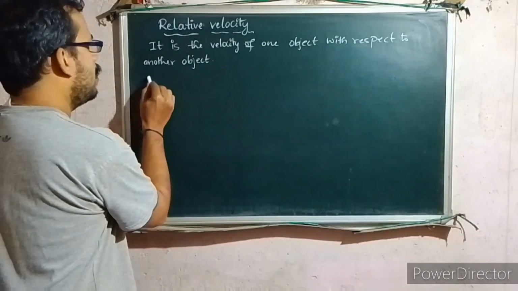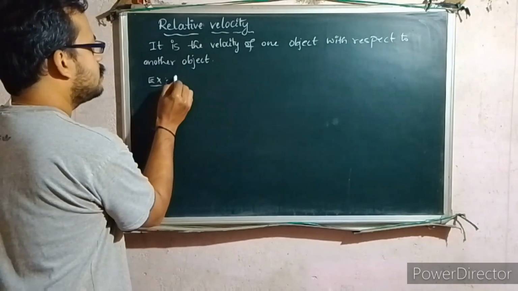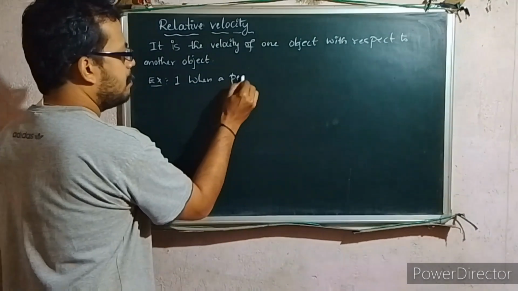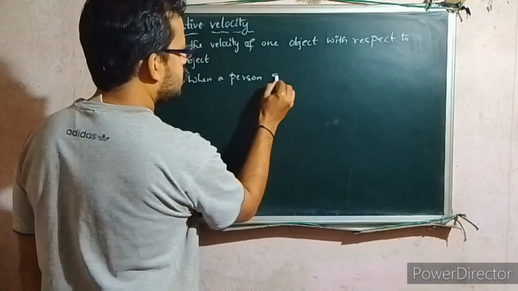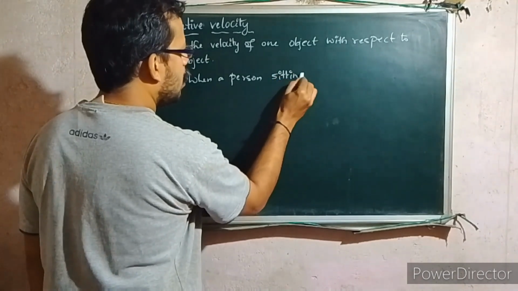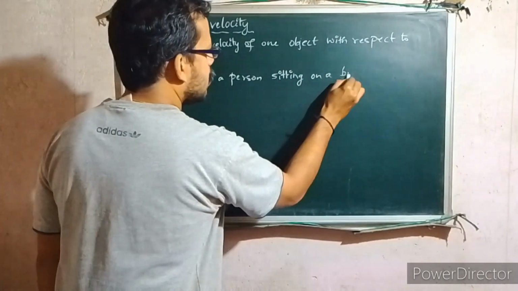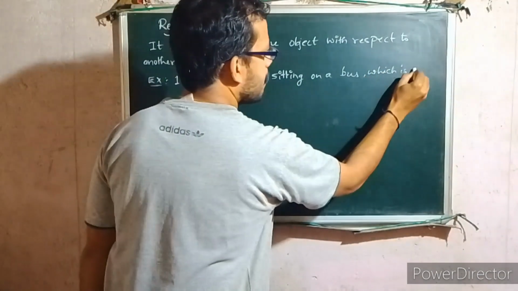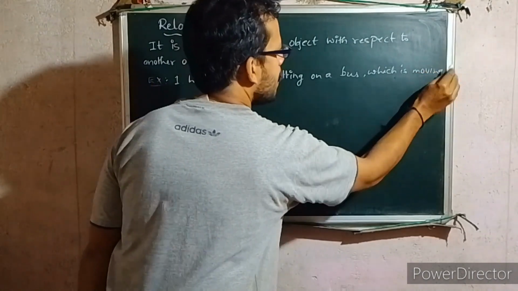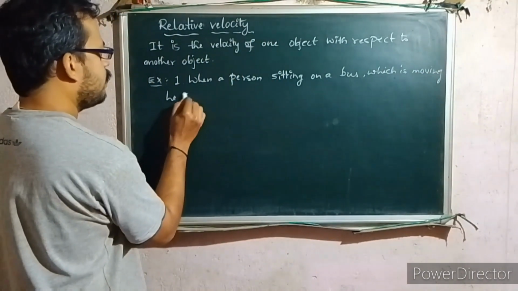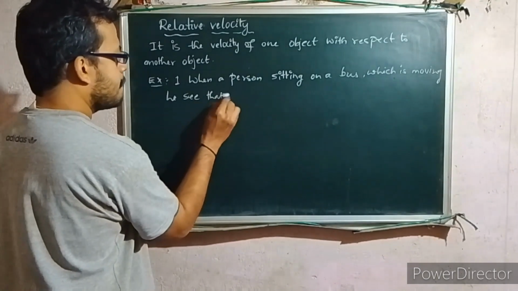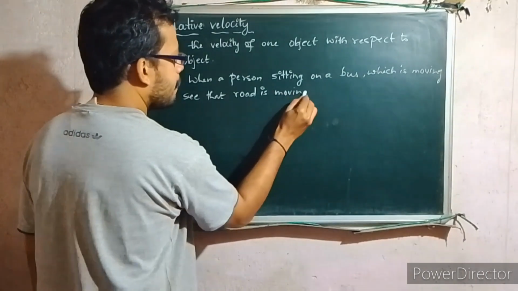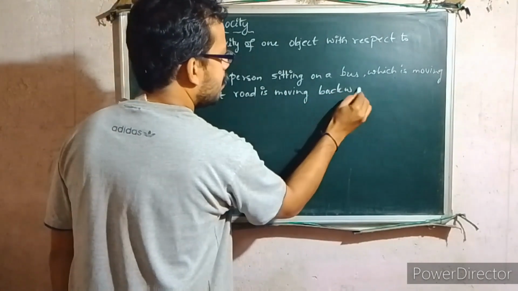So one example if you want, I can say when a person sitting on a bus which is moving, the bus is moving, he sees that the road is moving backward.